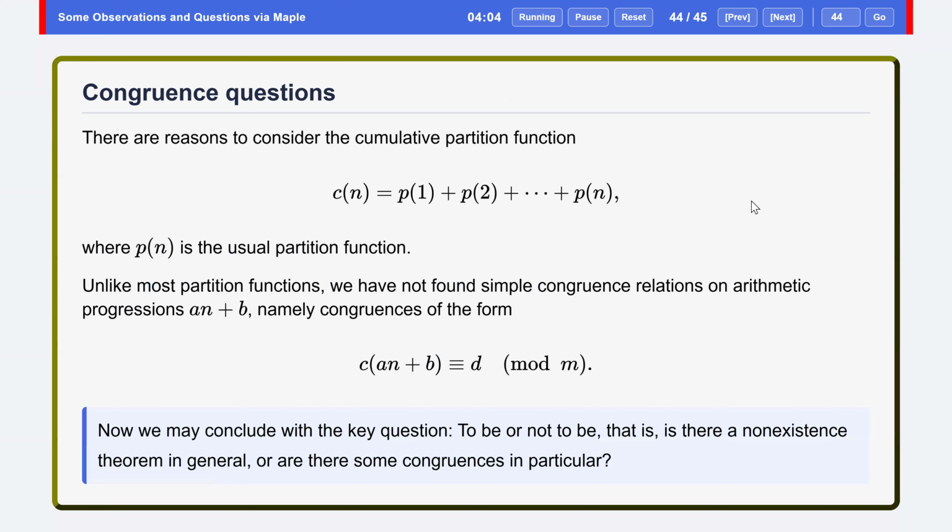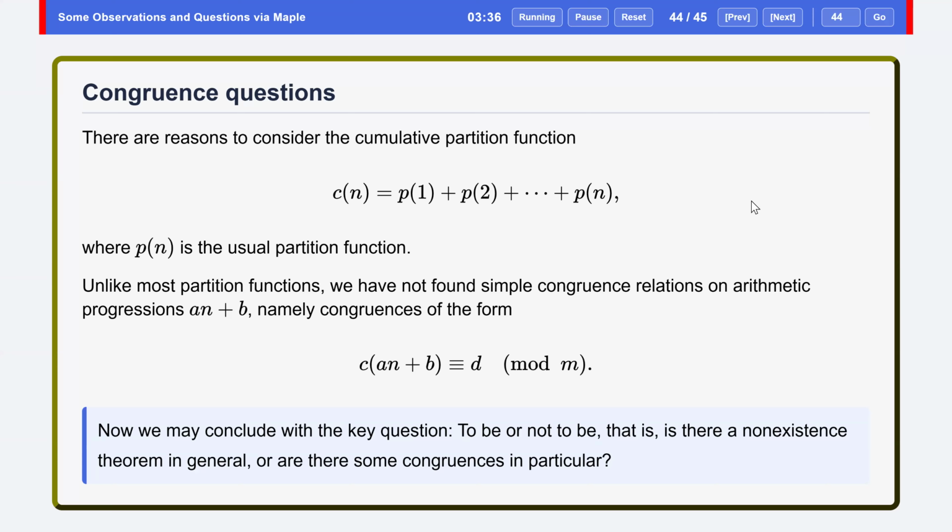And now the last combinatorial object is the cumulative partition function. There are good reasons to consider this function, and Richard Stanley has a paper related to it.